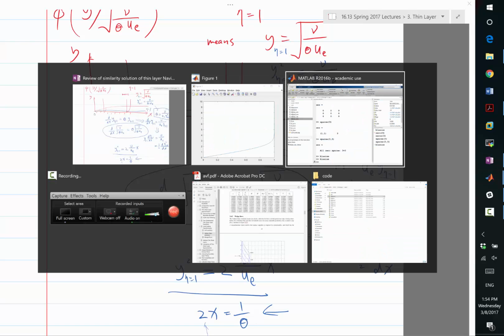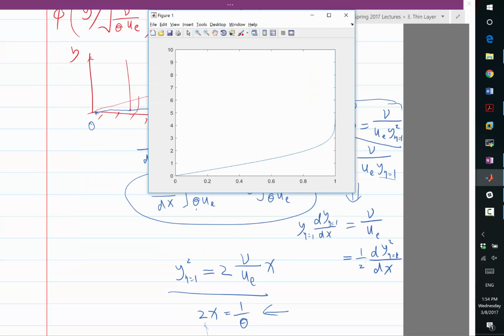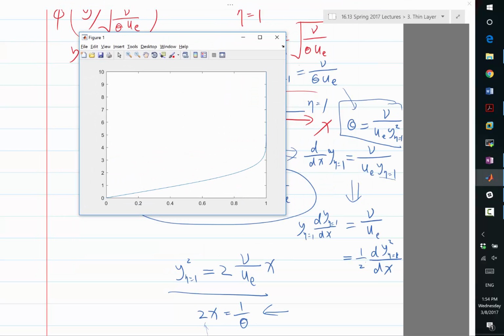And we can actually calculate from this numerical solution how the displacement thickness compares to my choice of eta equal to 1. So we can basically integrate all the area over here to figure out how big the displacement thickness delta is relative to my eta equal to 1.